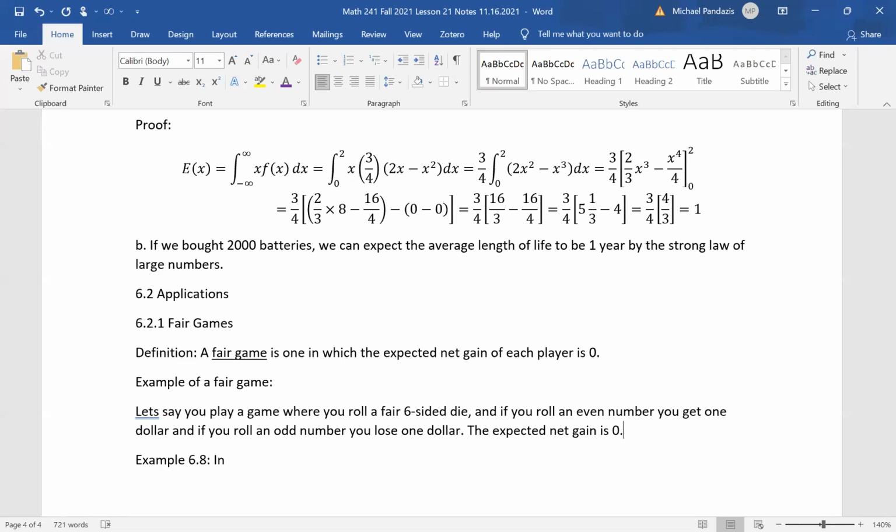You can just intuitively see that you roll an even number half the time, and you roll an odd number half the time. If you win $1 when you roll an even, and you lose $1 when you roll an odd, then over the long run, you expect that on average you should gain $0, right? That's an example of a fair game.